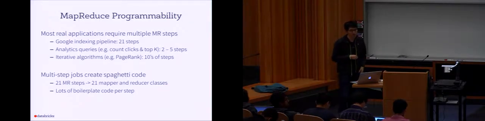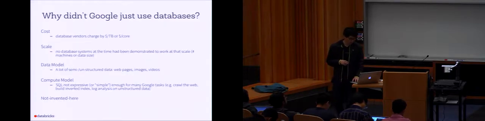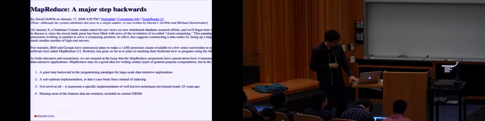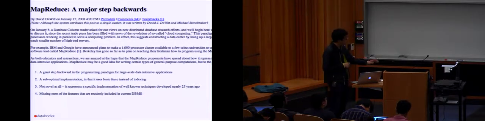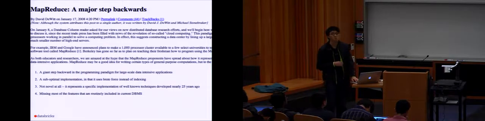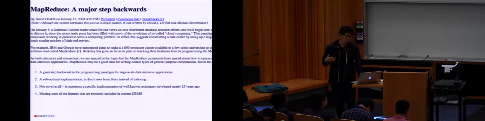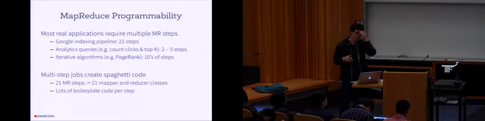However, if you look at the points Stonebraker was talking about, one part is a giant step backward in programming paradigm. What they were essentially referring to for MapReduce is the programmability.